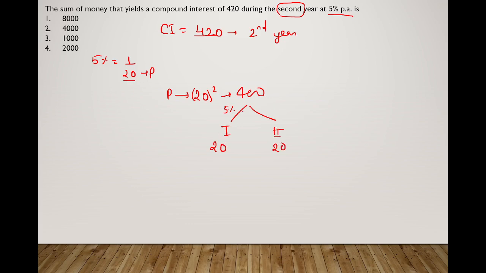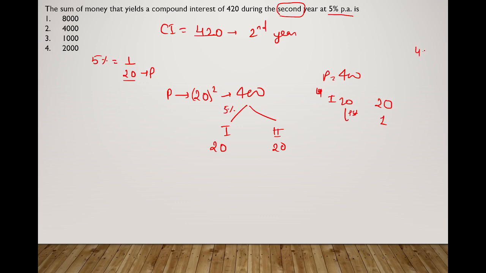But now for the second year, the first year interest of 20 gets added to the principal, and the second year interest becomes 20 plus 1, because in compound interest, after coming interest we include it and make a principal.